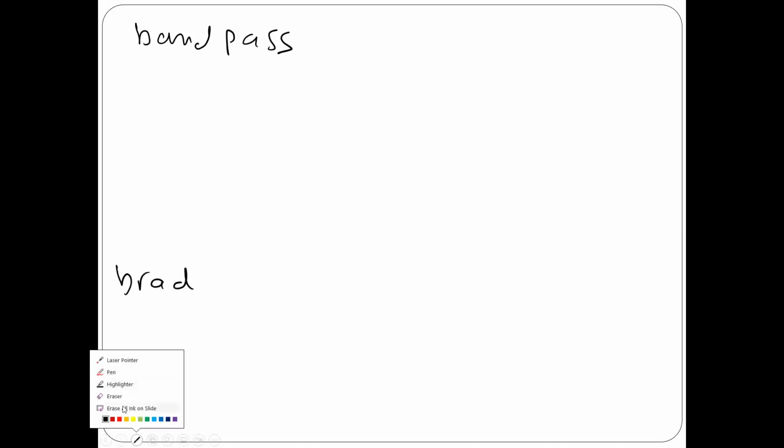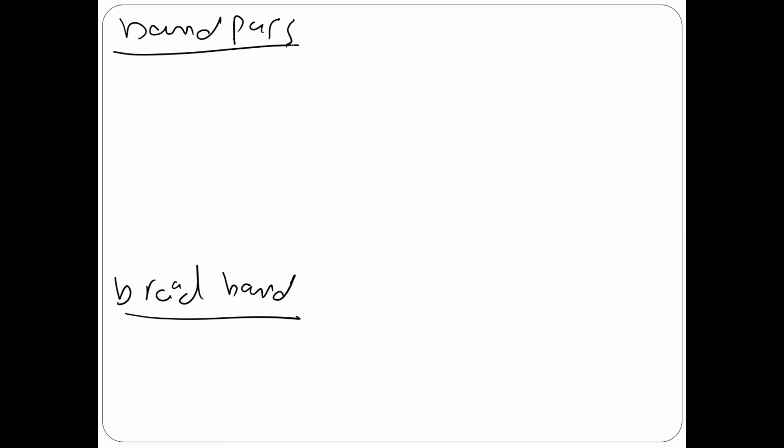As I told you before, we have baseband and also we have broadband. In order to link things together, I want to make a very quick revision on them. So let's start with the baseband.